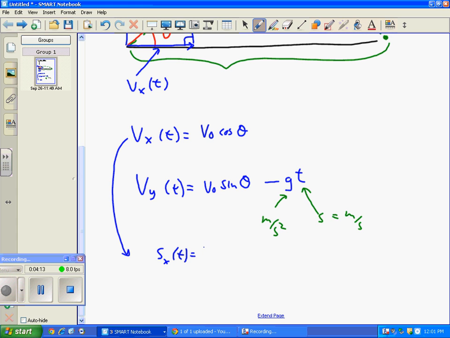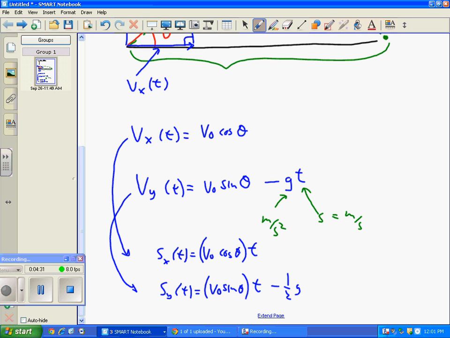It's going to be v0 cosine theta times t. And if we integrate this one, we get s sub y, which is going to be v0 sine theta t minus 1/2 g t squared.